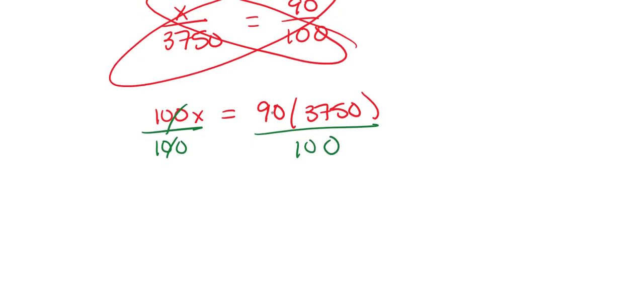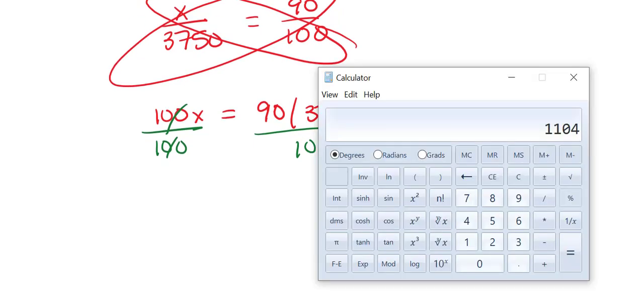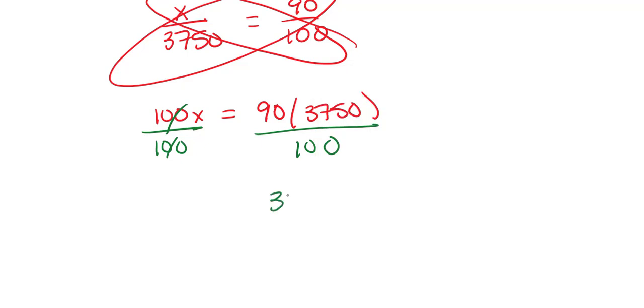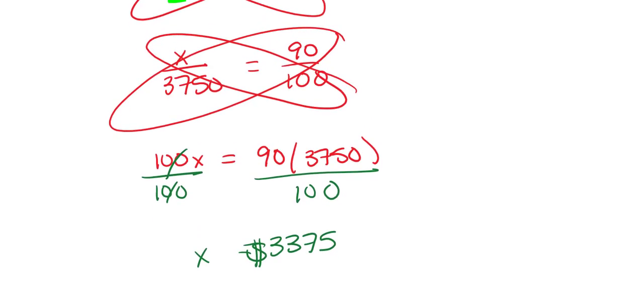And then we can solve. We go 90 times 3,750 divided by 100, and we get 3,375. That would be our x, the amount that we're looking for.